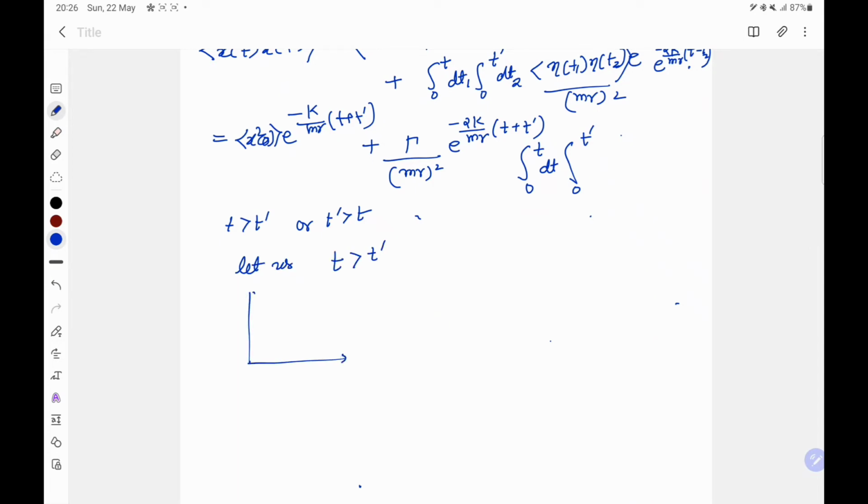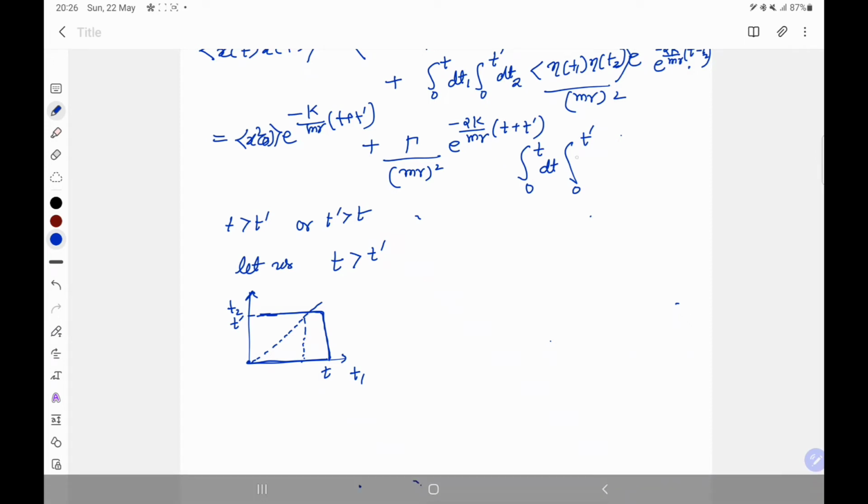So we are integrating over t1 and t2, and both have different limits. Okay, t1 is going from 0 to t and t2 is 0 to t prime, but the delta function will ensure that if we are integrating over dt2 first, then t1 will only go up to t prime because of this delta function.